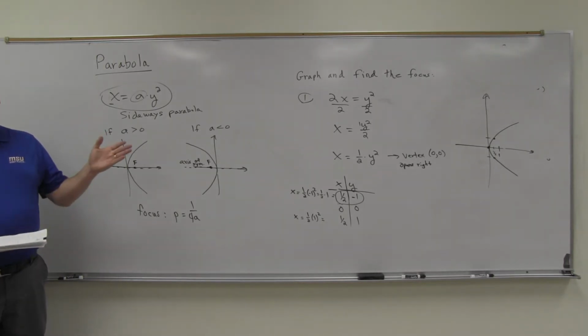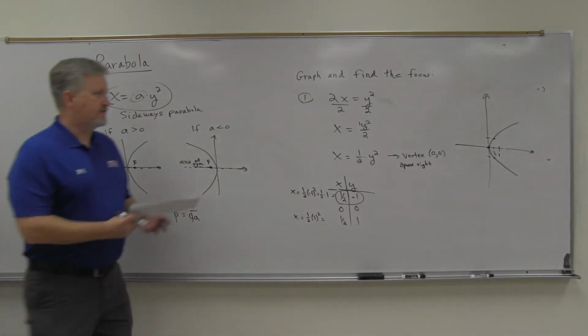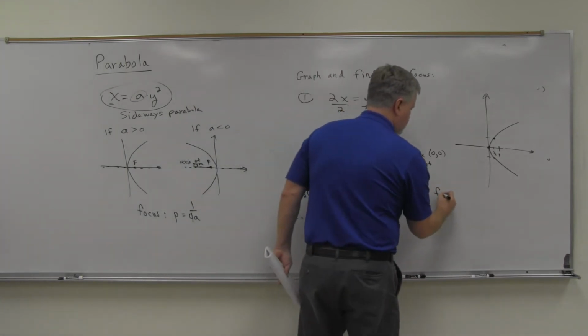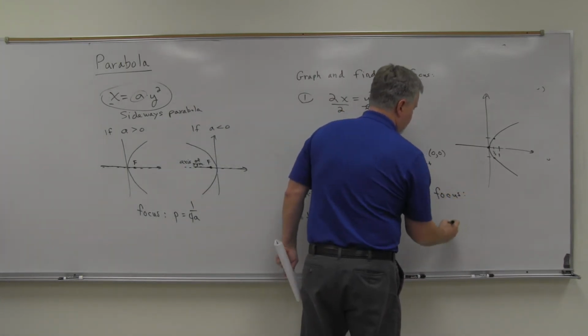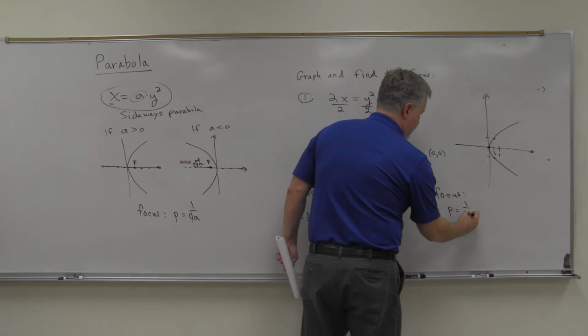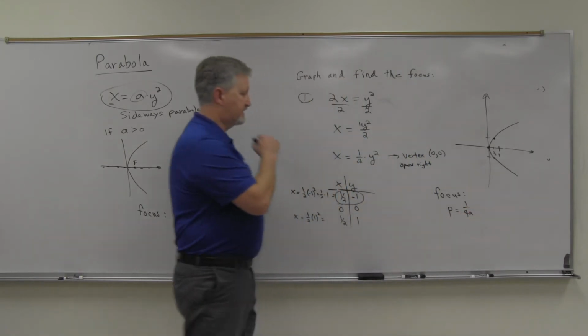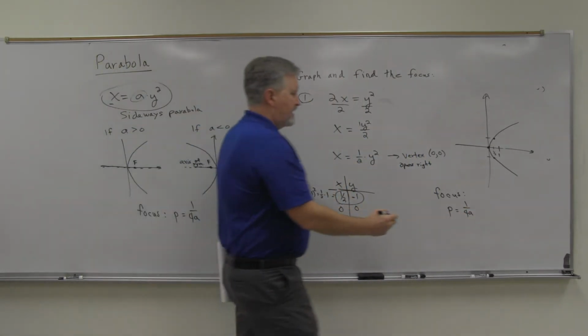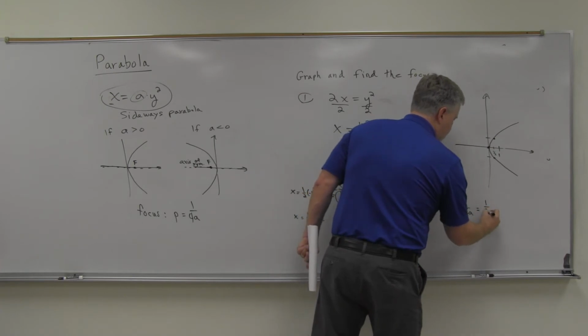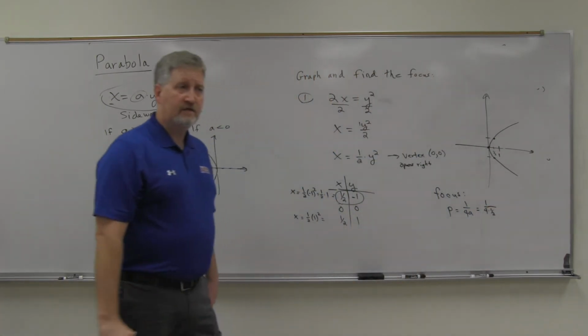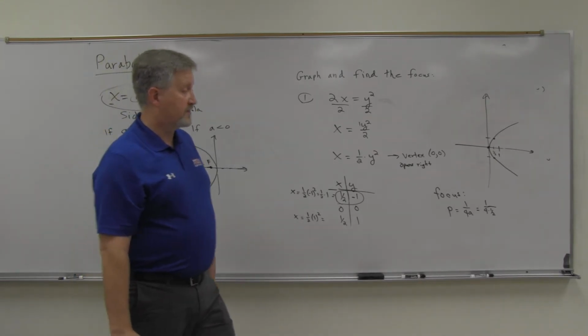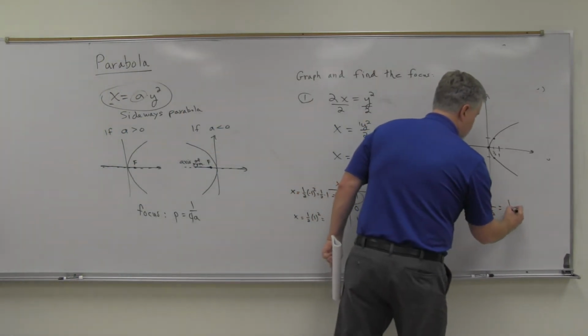All right. What about the focus? Well, for the parabolas, it's P equals 1/4a, and that's one of the reasons to get it in that form. So that'd be 1/4 times a is 1/2, so it's 1/4 times 1/2. What's 4 times 1/2? 2.